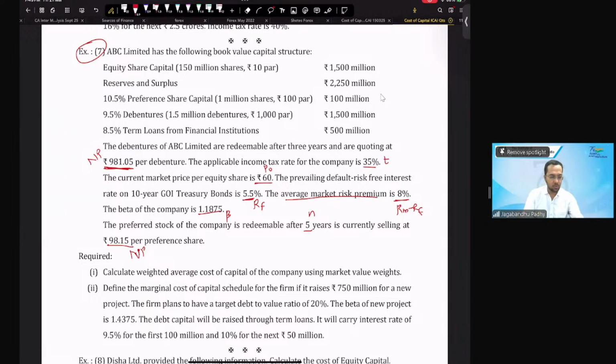So first, I want you to calculate the cost of debt, cost of preference shares, cost of equity, and cost of term loan. Right? So first, calculate these 4 items, guys. Give me these 4 items. All the numbers I have highlighted, you should be able to get it easily. Try to answer this and try to solve this.